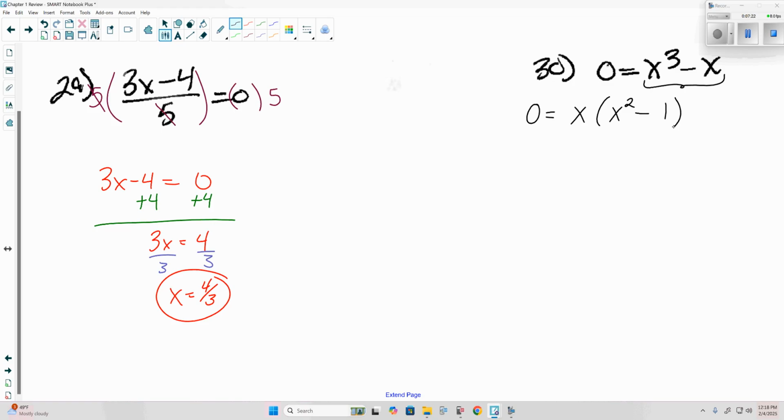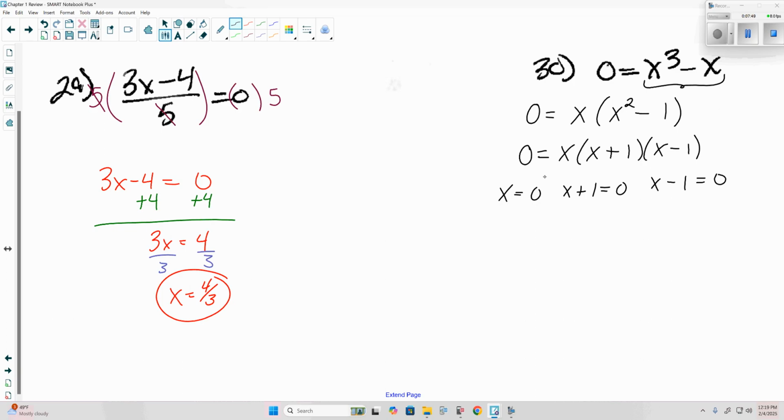Now x squared minus 1 will factor. It's our difference of perfect squares, which will be our x plus 1 times x minus 1. And since we do have two or more things multiplied together to equal 0, one of these is going to have to equal 0.